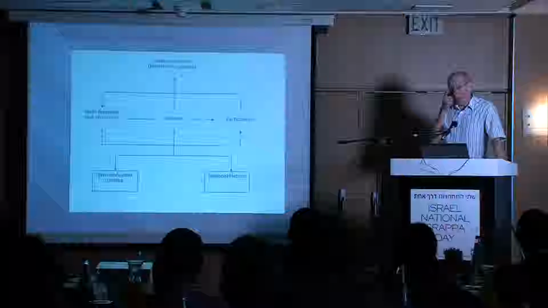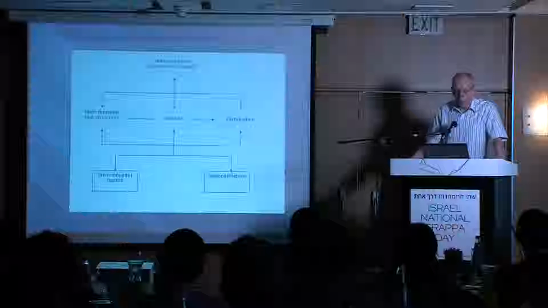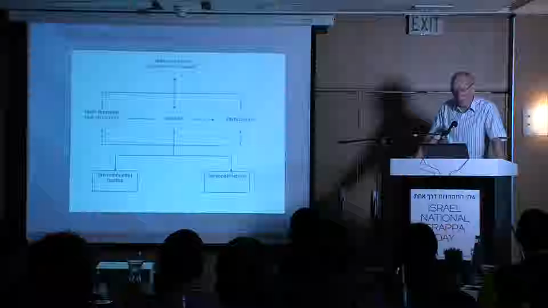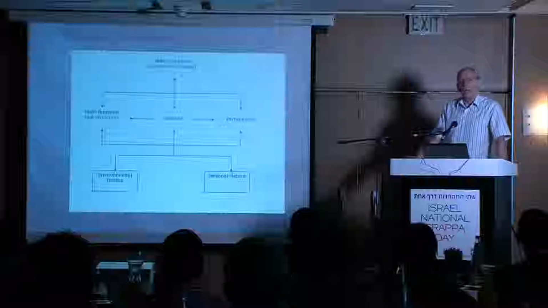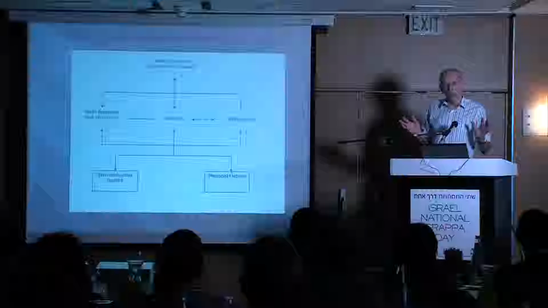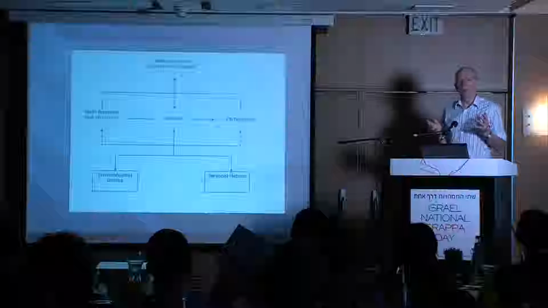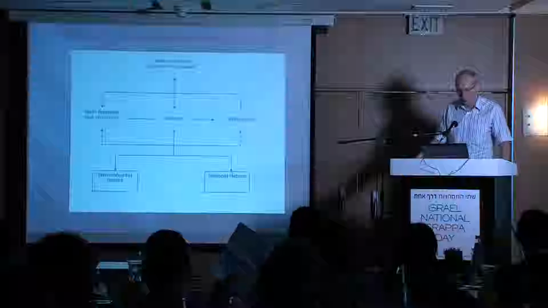I'm just going back a little bit to the science. This is the WHO ICF, International Classification of Functioning, Disability and Health, which is used to structure the way that we look at how disease impacts on the individual.